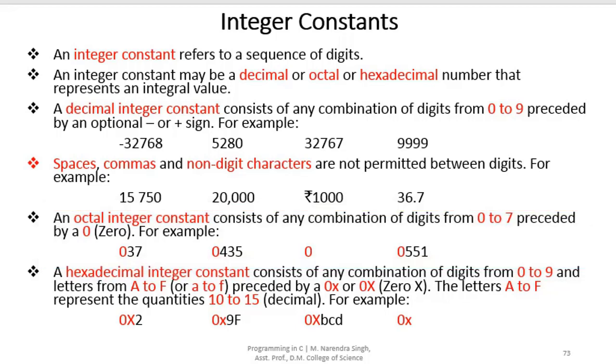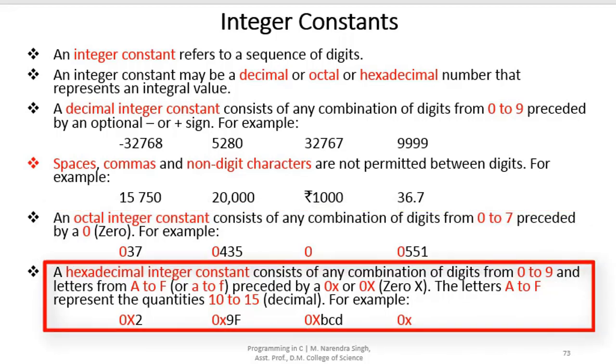A hexadecimal integer constant consists of any combination of digits from 0 to 9 and letters from A to F, uppercase or lowercase, preceded by a 0x. In uppercase or lowercase, the letters A to F represent the quantities 10 to 15 in decimal.